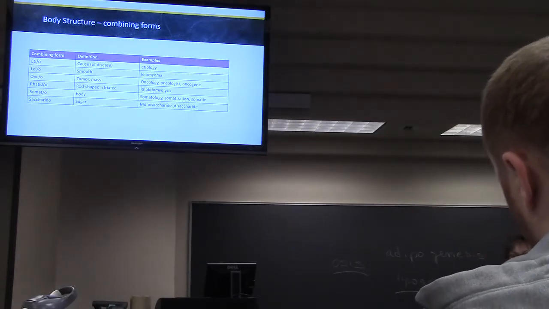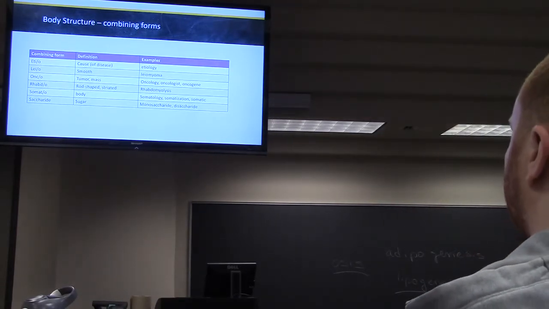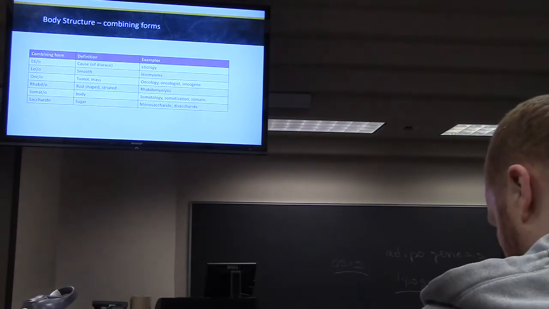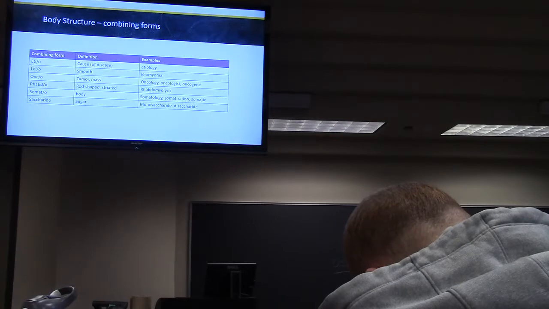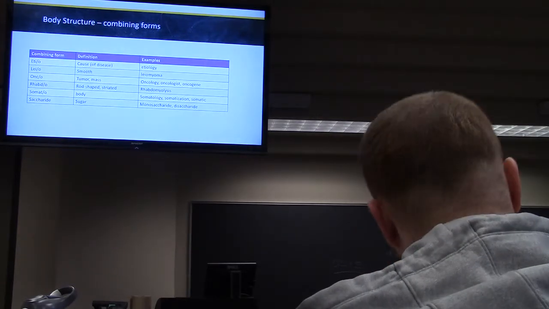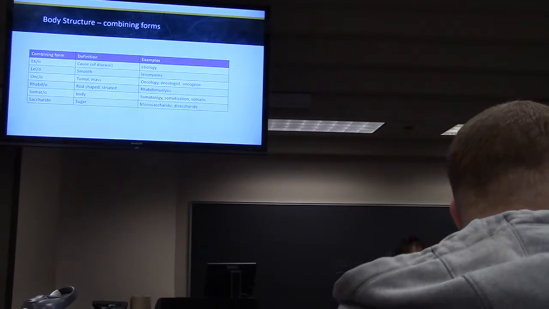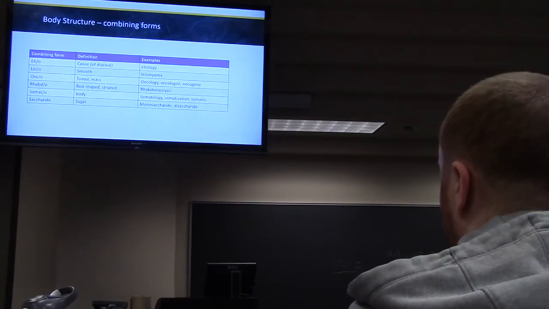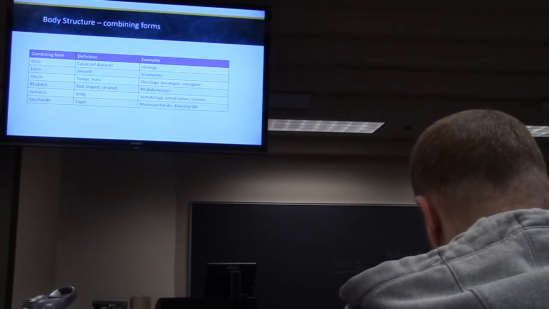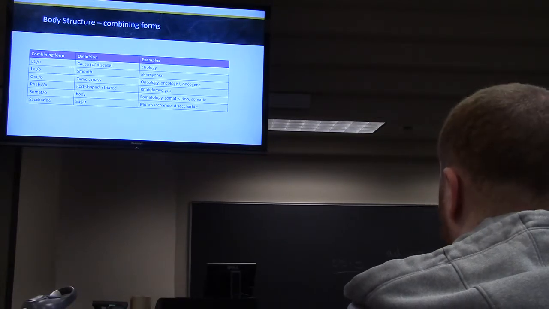Here's lyo, which refers to smooth. Down two more, there's rhabdo that refers to striated, so we use it often in combination with muscle terms. So rhabdo, striated muscle; lyo, smooth muscle; and cardio muscle, cardiac.